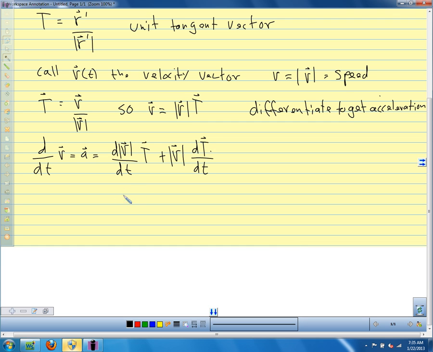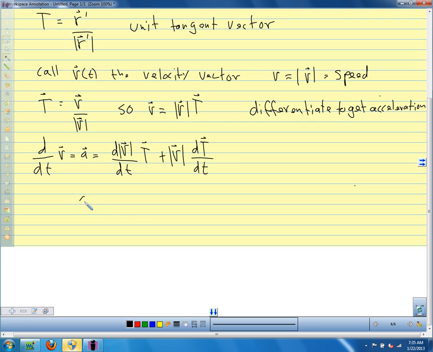And so in this first term, we have a component of our acceleration that's just a multiple of the unit tangent vector. So right here is our tangential component of acceleration. We need to work with this a little bit more to get this in just a slightly different form. So I'm going to multiply here by a convenient form of 1.